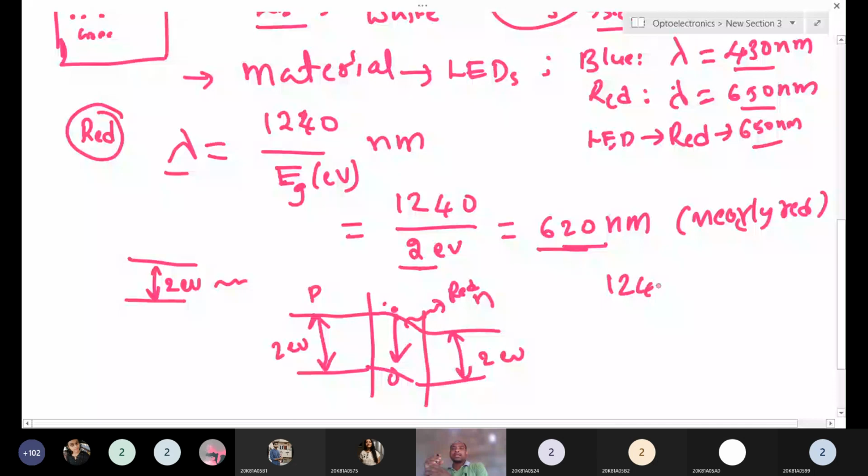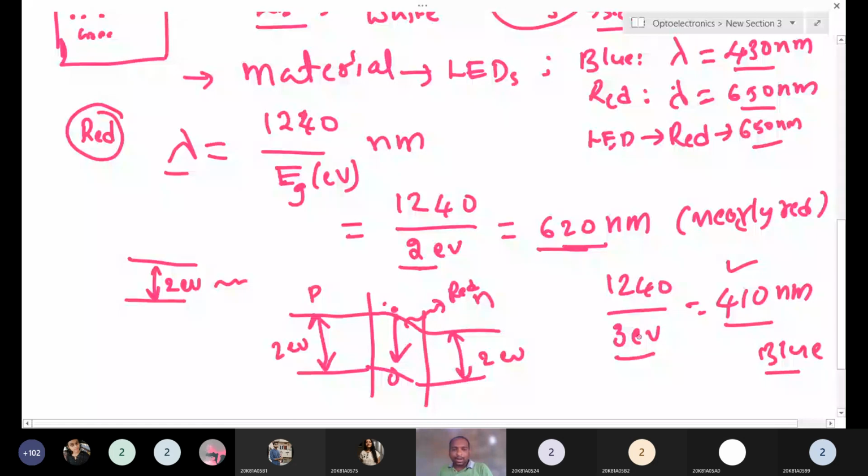That is how LEDs emit different colors. Did you understand now? Yes, sir. So the main thing is that each material has a different band gap, and depending on the band gap of the material, the LED color will change.